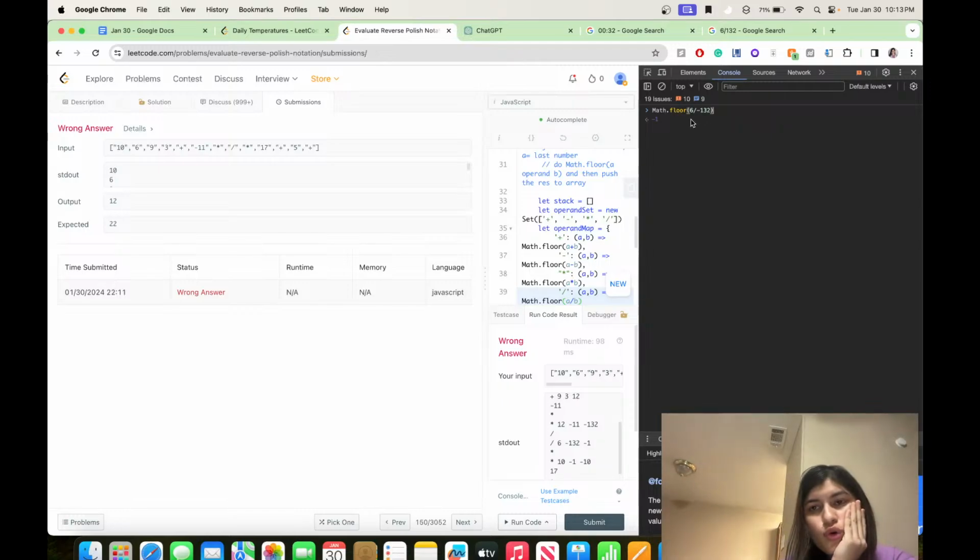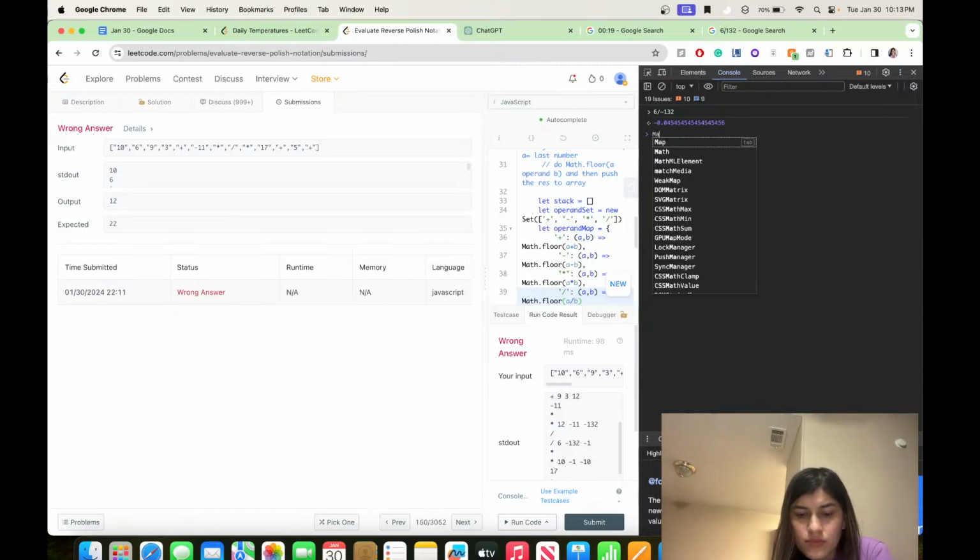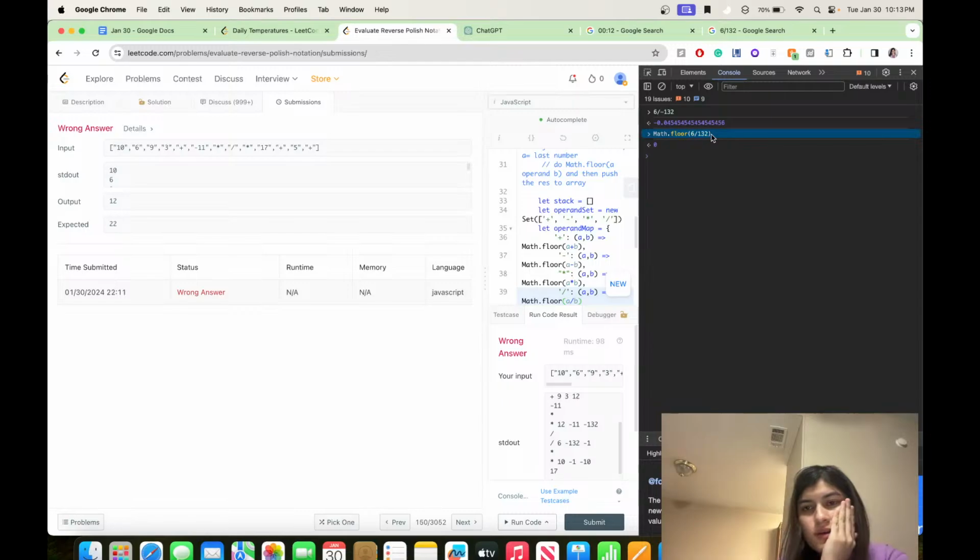-1. Floor. What does floor mean? Okay. Only because, I think floor, since it is negative, right?